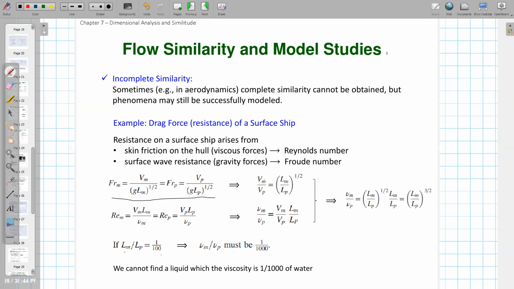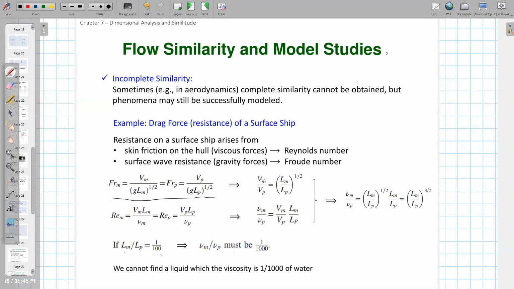But the problem here is that in the experiment, in reality, we cannot find a fluid. There is no way we can find a fluid whose viscosity is only 0.001 of the water.